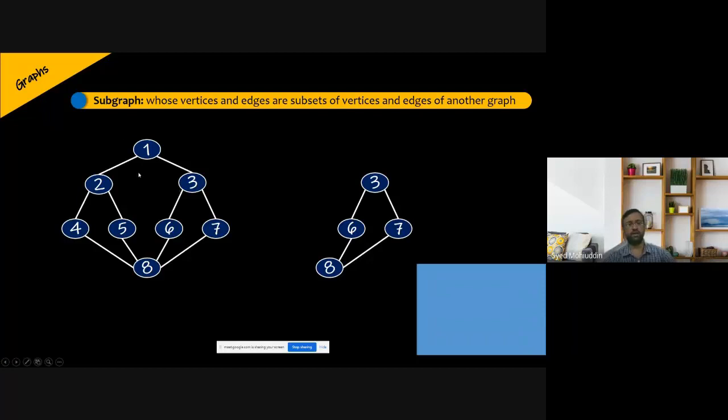So if you look at this graph on the left hand side, and if we take this part from vertex 3, 6, 7 and 8, the graph on the right side is a subgraph of the graph on the left side, because the set of vertices is a subset as well as the set of edges is also a subset of the graph on the left side.